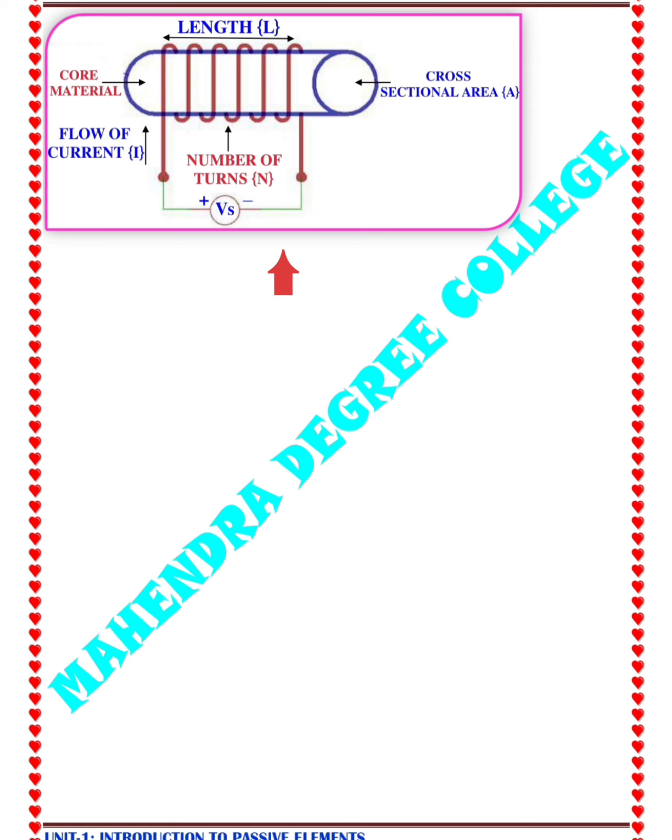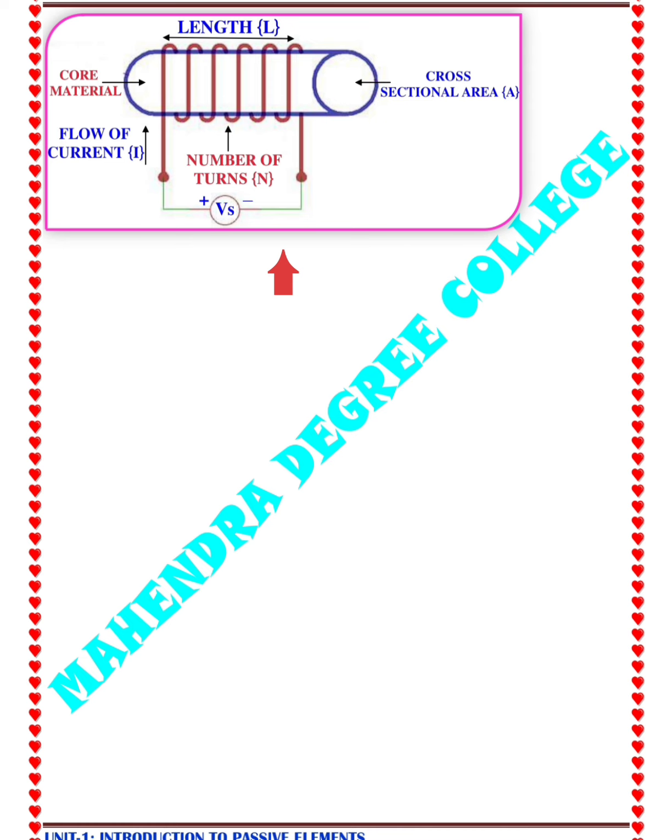Where cross-sectional area A: this is the thickness or area of the core when cut across. A larger area allows for a stronger magnetic field.